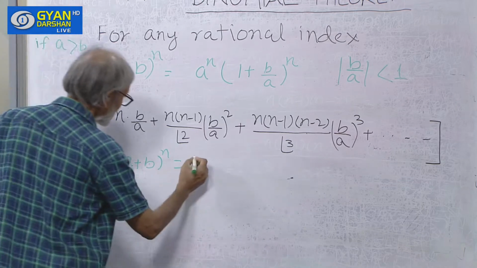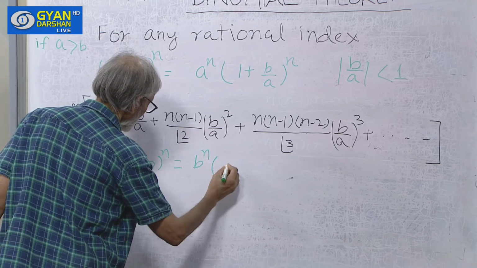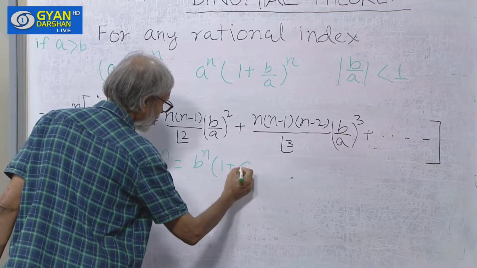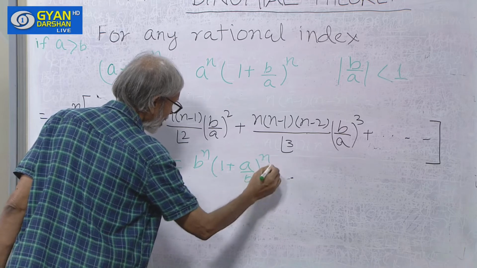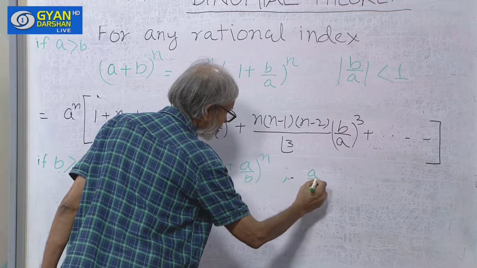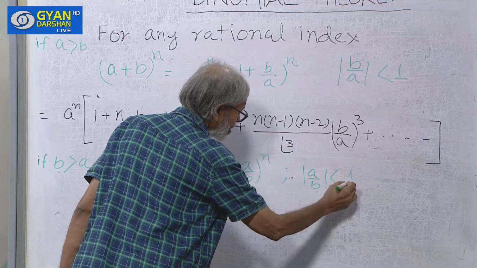Since B is greater, we take B outside and it will be (1 + A/B)^n, and |A/B| will be less than 1.